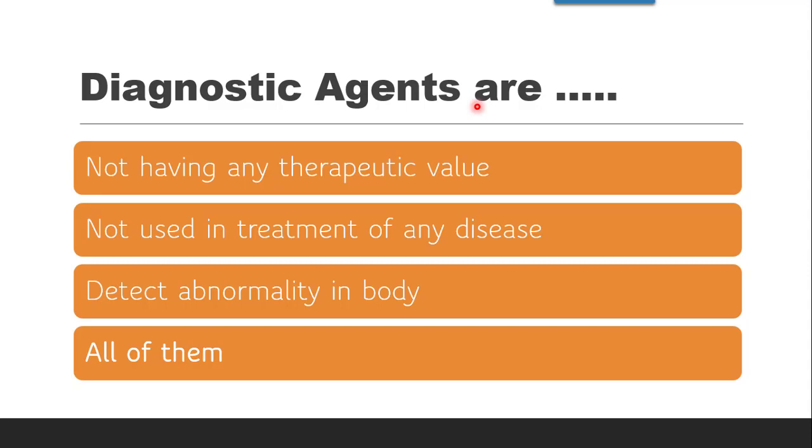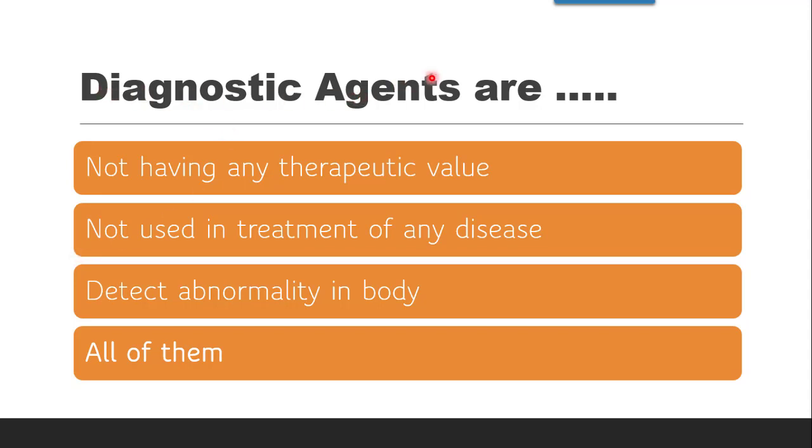They are used to detect abnormalities present in that specific organ or in the body. The next characteristic property is that they do not have their own therapeutic value. They are just used for the purpose of diagnosis. They cannot be used in the treatment of any disease or disorder since they don't have any therapeutic value.